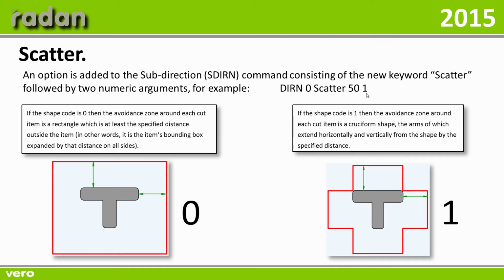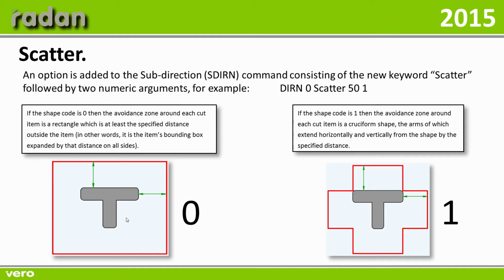Let me explain the shape codes to you. You can see here we have a part with a rectangular bounding box surrounding it. So this is shape code 0. If the shape code is 0, then the avoidance zone around each cut item is a rectangle, which is at least the specified distance outside the item.